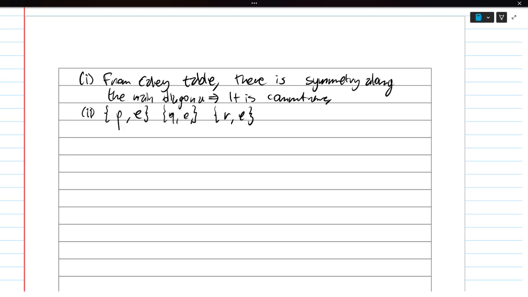Apologies for the bad handwriting. I think that this is actually a good exercise about self-inverses. A very good thing to know is that every group that is of even order must have at least one self-inverse. And why is that? A group of even order, if you exclude the identity element, which is order 1, then you're left with an odd number of non-identity elements.